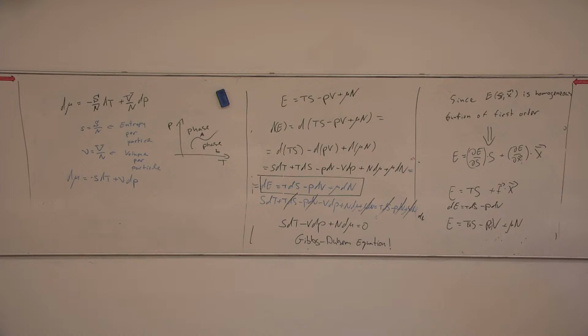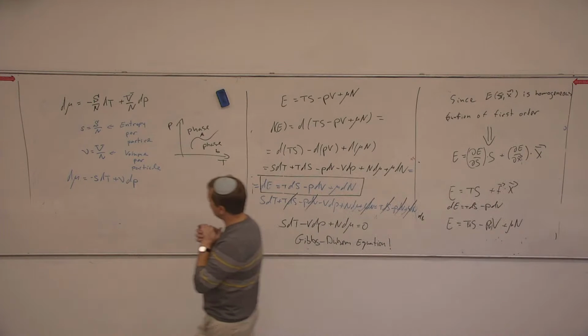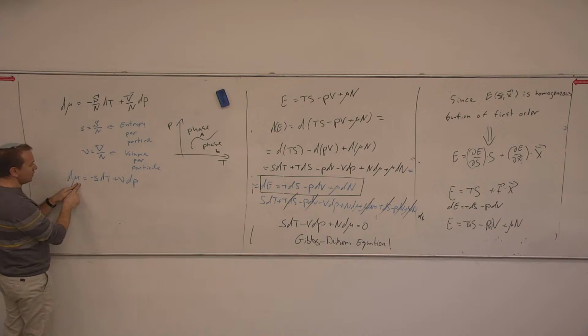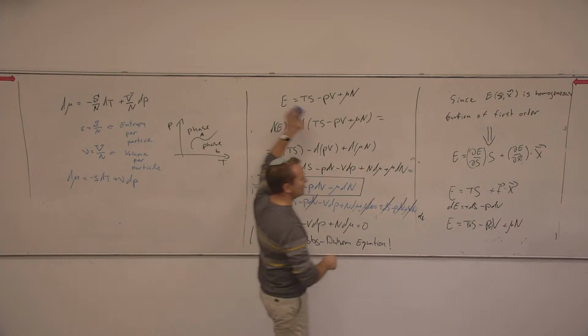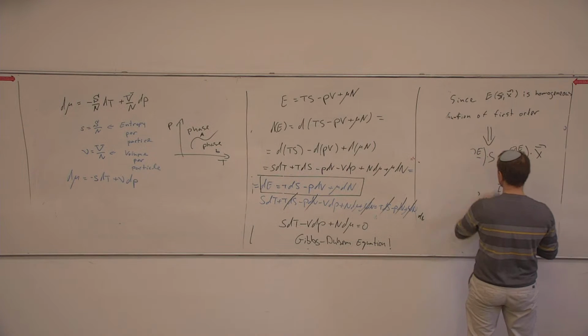No questions. Okay, so where are we going from here? What happens to mu exactly at the critical phase transition, or the phase transition?